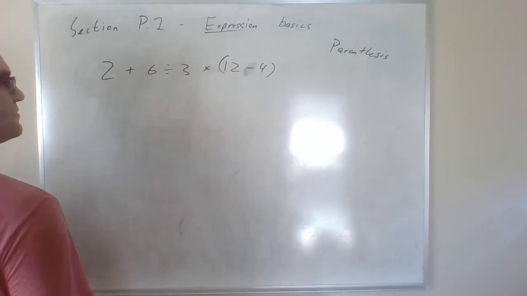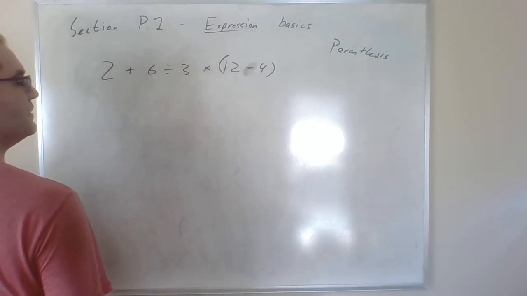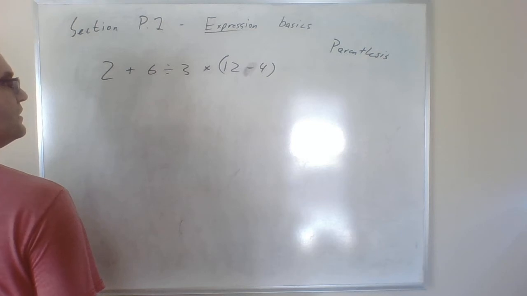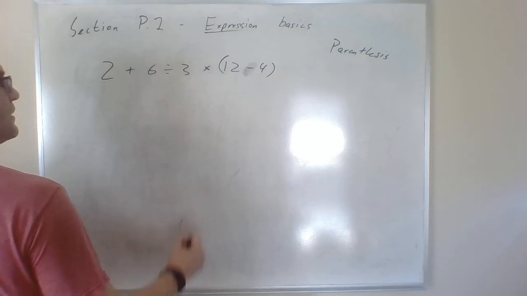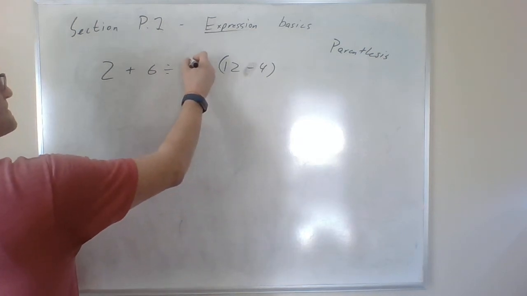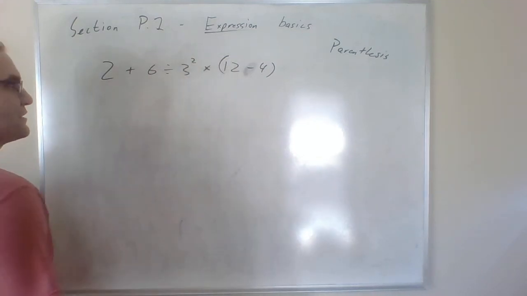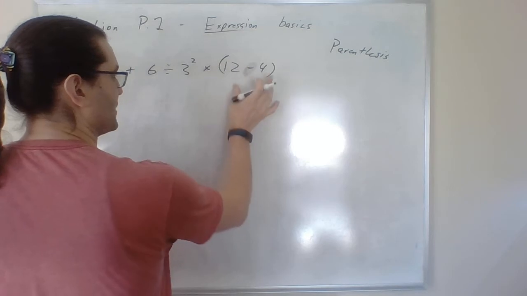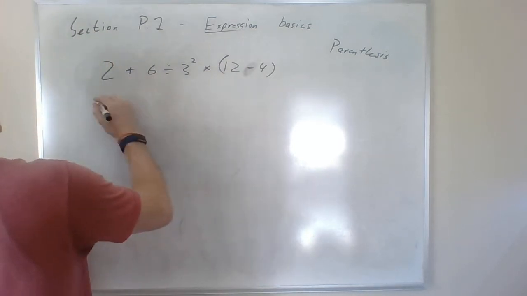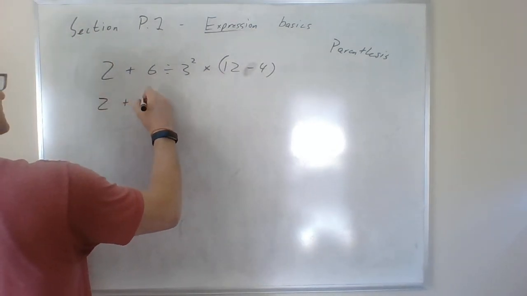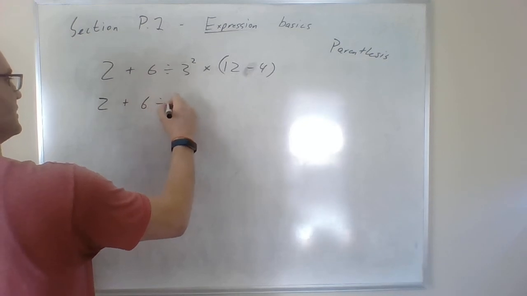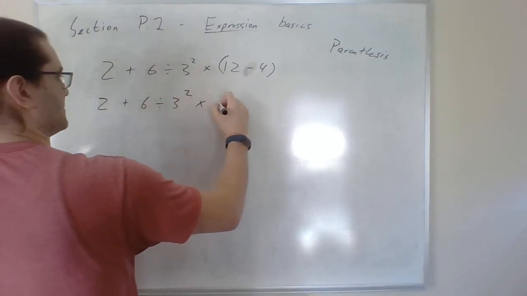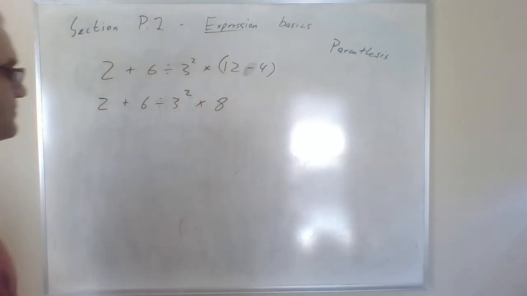Oh, I should do some exponents in here as well, huh? Now I have an exponent in here. Okay, good. So we're going to start with parentheses. That's this. 12 minus 4 is 8. So 2 plus 6 divided by 3 squared times 8.